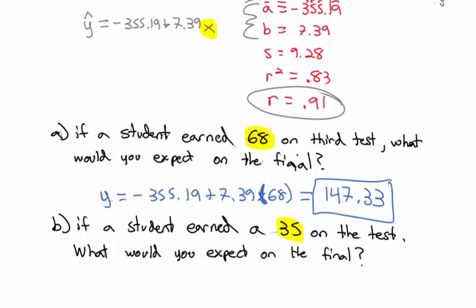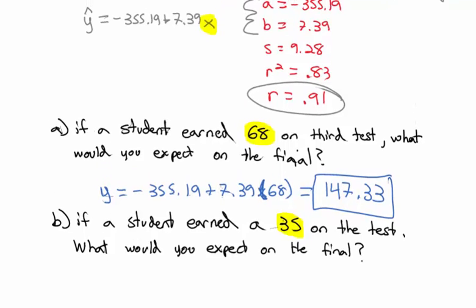So y would equal negative 355.19 plus 7.39 times 35. On my calculator that is negative 96.54.